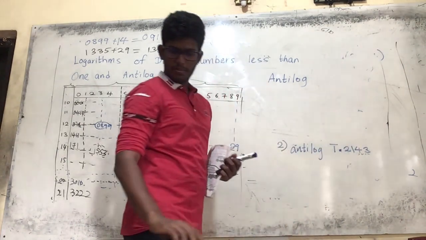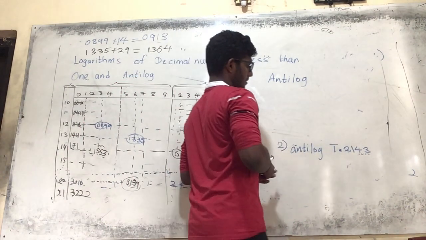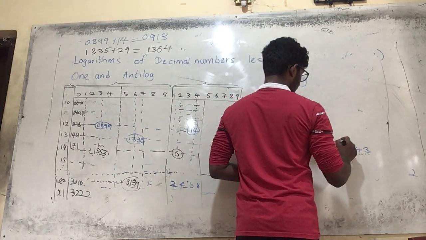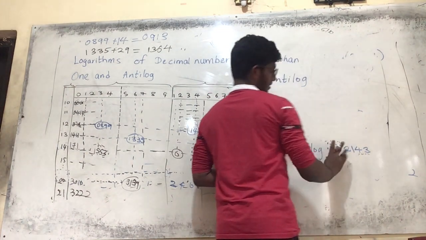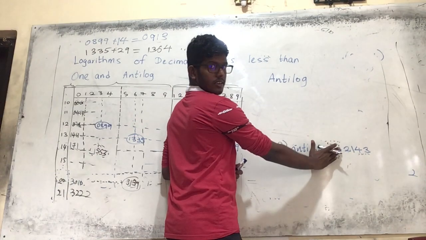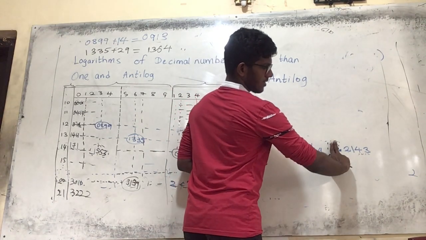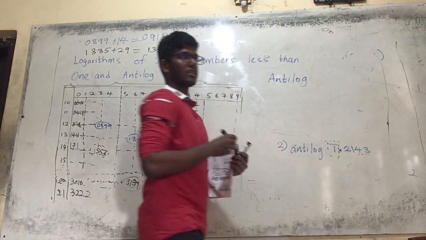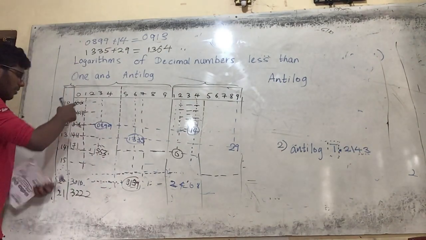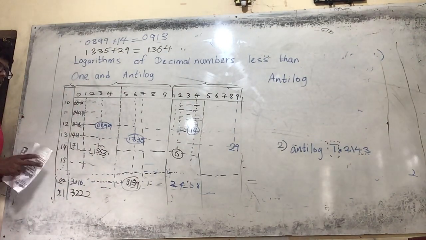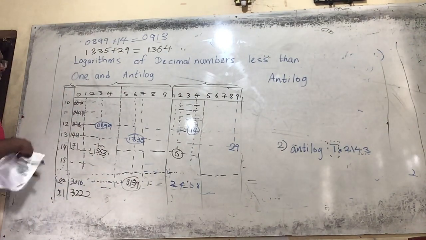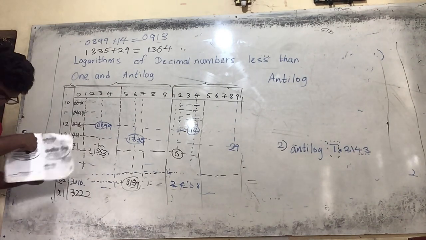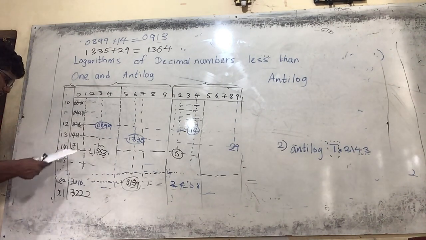So, first step, identify the characteristic. Forget about the characteristic. Forget about the power. Right? Then 2143. I'm going down this row until I get a value more than 2143.